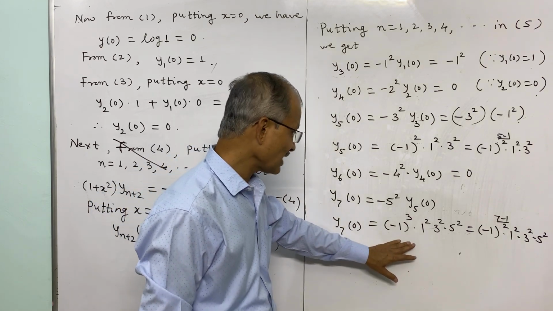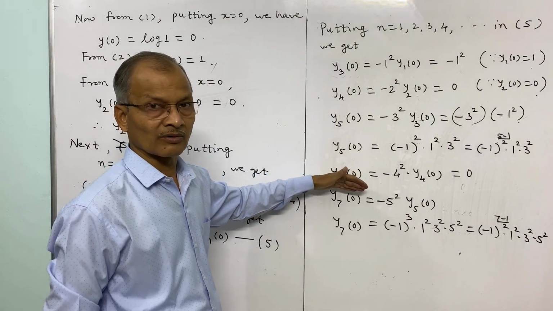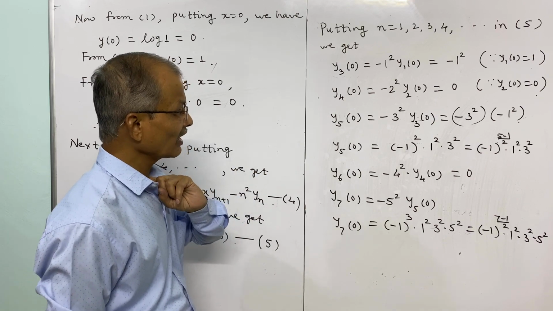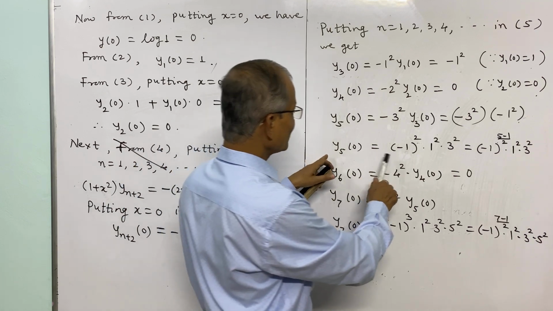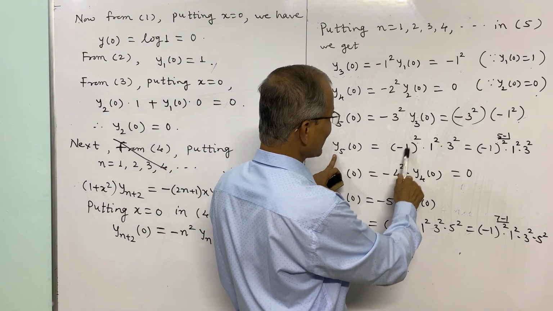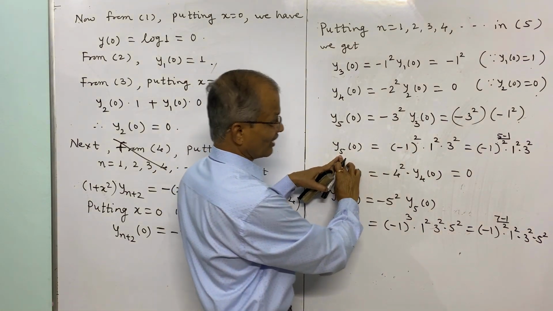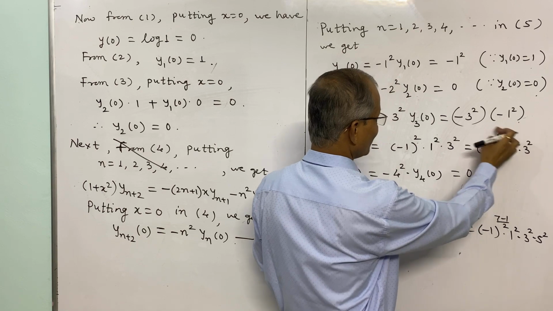So thus these odd order derivatives are positive, negative, and that's why we have written the power of minus 1. Here in terms of y5 it is minus 1 square, but we have to write this power in terms of this number, and that we have written as 5 minus 1 divided by 2, which is again 2.